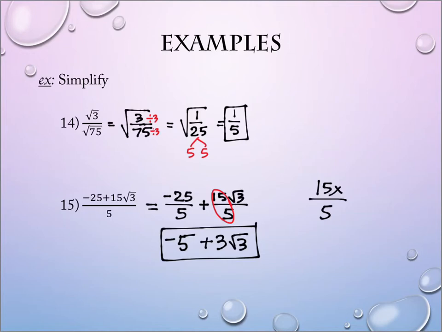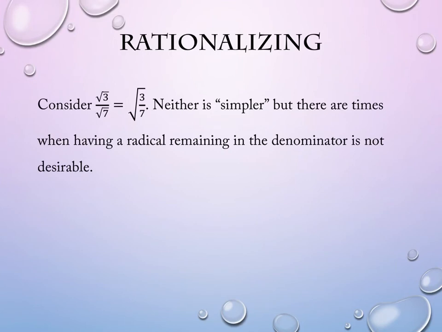Okay, so far so good. We have just a few more things to take a look at in this section. This is a varied section of material for sure. We have to deal with something called rationalizing. So we learned from the quotient rule that the square root of 3 over the square root of 7 is the same thing as the square root of 3 all over 7.